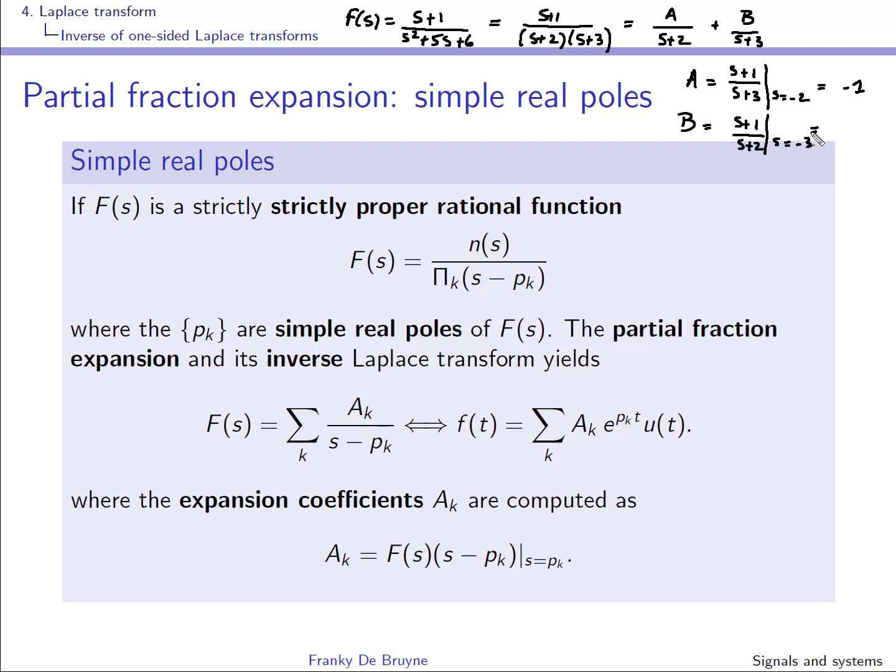So this will yield minus 2 over minus 1, so it's a 2 over here. So this means that we can write F of s as minus 1 over (s plus 2) plus 2 over (s plus 3).